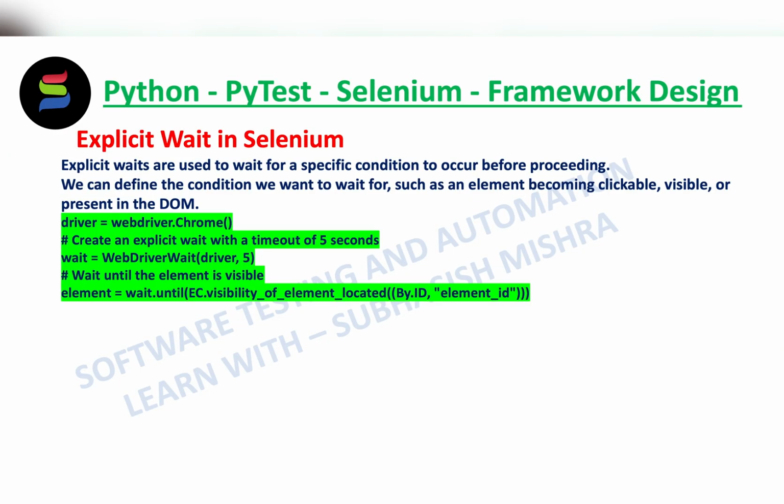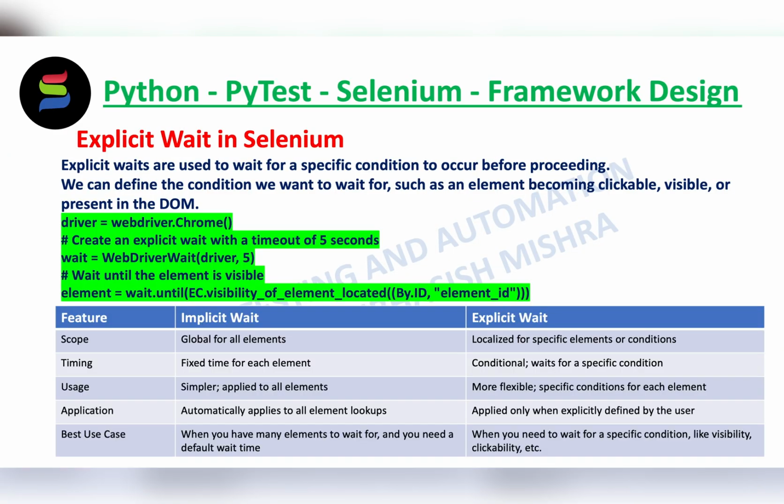Now let's see one more important thing. What is the difference between implicit wait and explicit wait? This is a very important interview question. The scope of implicit wait is global. It is applicable for all elements, but explicit wait is specific to an element or particular condition, so the scope is local here.